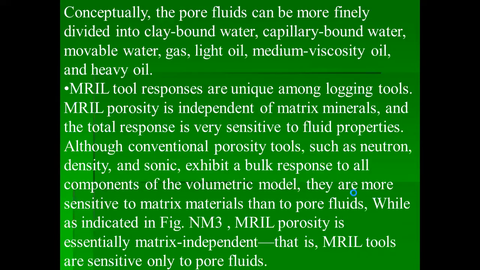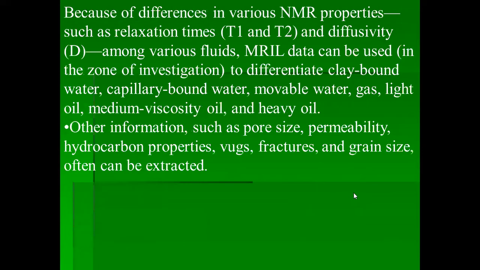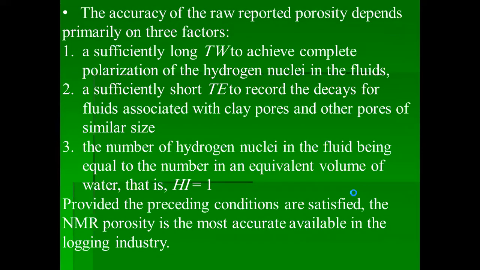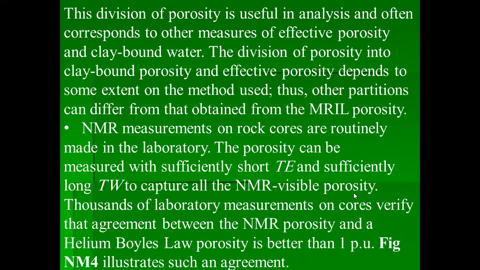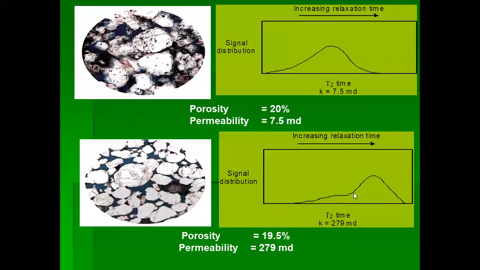So let's see also some illustration about the use of NMR for the purpose of permeability estimation. As you will see, we have here two samples. The two samples are of relatively similar porosity, approximately the same.